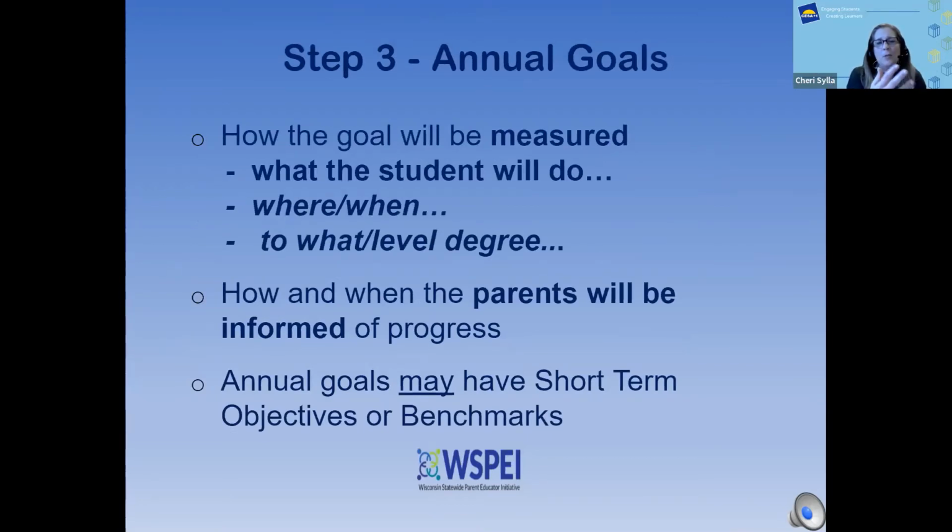So we ask the question, what will the student do, where and when, and to what level and degree, okay? So we want to know how it will be measured. We want to know how and when the parents will be informed of progress. And then annual goals. Some of our annual goals may have short-term objectives and or benchmarks that are included. And so it all depends.